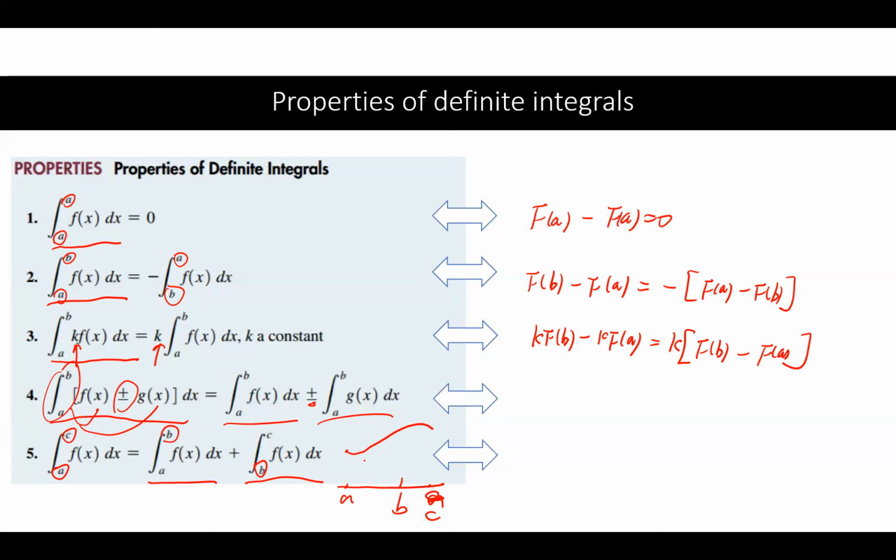This is the first area, this is the second area, and we just add them together. Now plug in the theorem: F(c) minus F(a) equals 2 parts. First F(b) minus F(a), and then plus F(c) minus F(b). Naturally, the F(b) terms cancel out each other, so it's going to be the original expression.